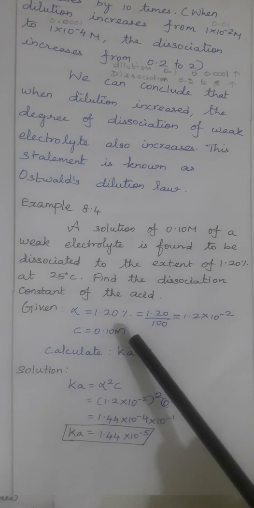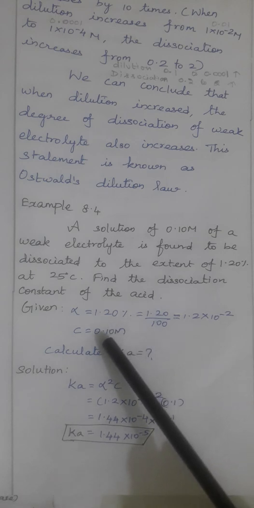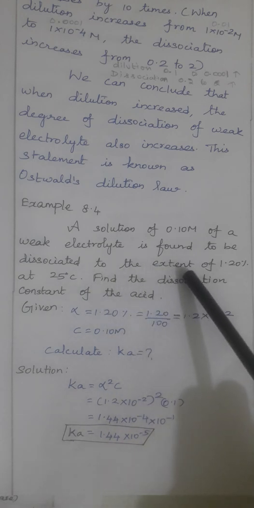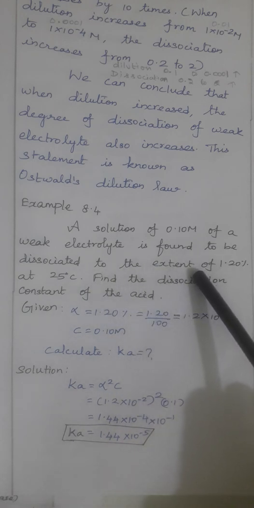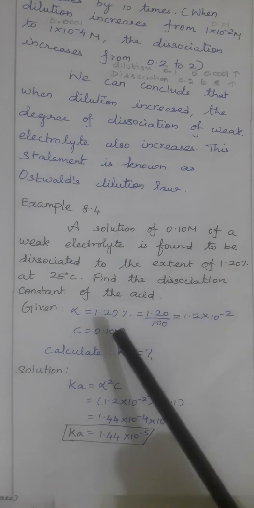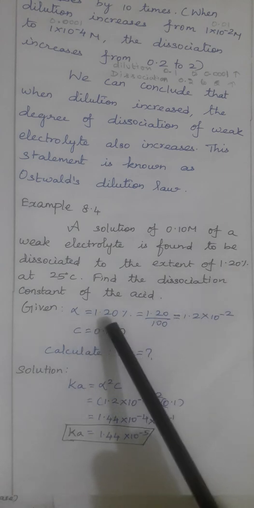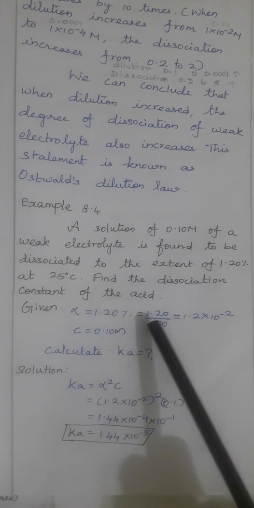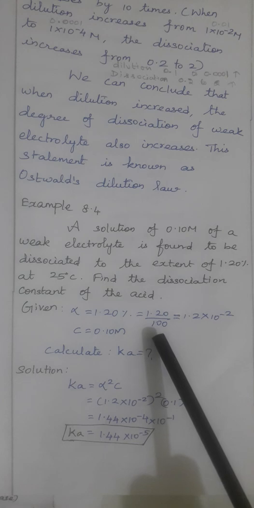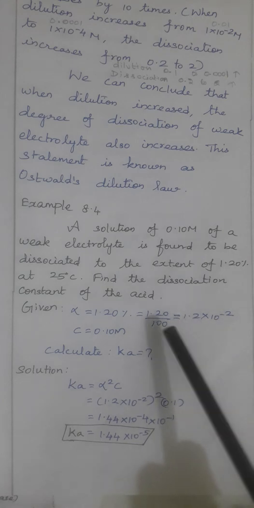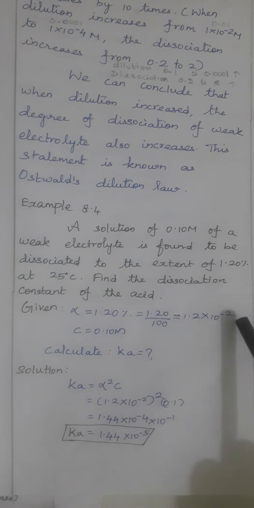The concentration is 0.10 molar, and dissociated to the extent of 1.20% means the degree of dissociation. It is expressed in percentage, so alpha is equal to 1.20 divided by 100, that is 1.2 into 10 power minus 2.